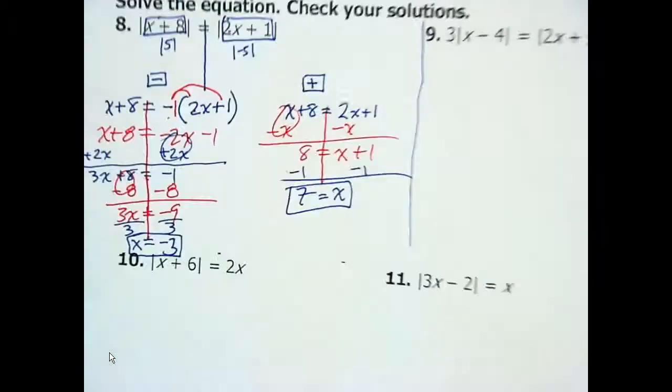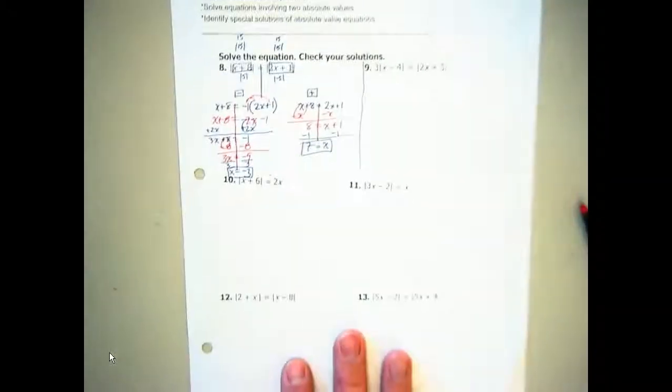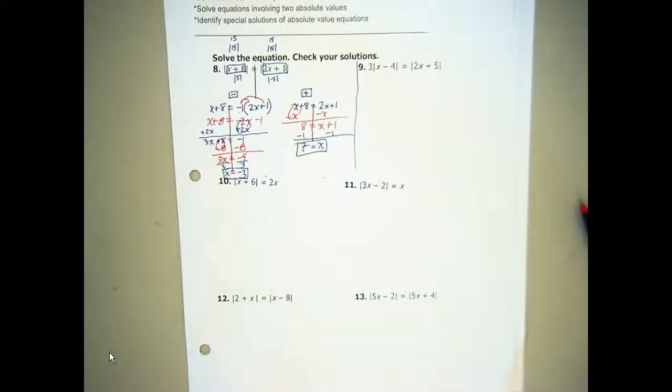So guys, I want you to take just overall look at this sheet. You have really two different types of absolute value problems we've talked about. Like last night's, we had to get the absolute value alone on one side. And today, you have to have a side of the equation with the absolute value alone.